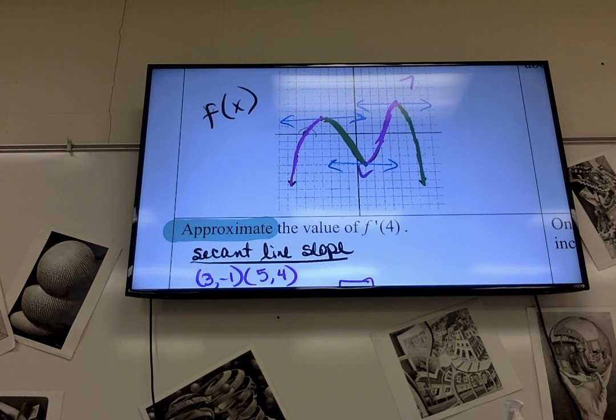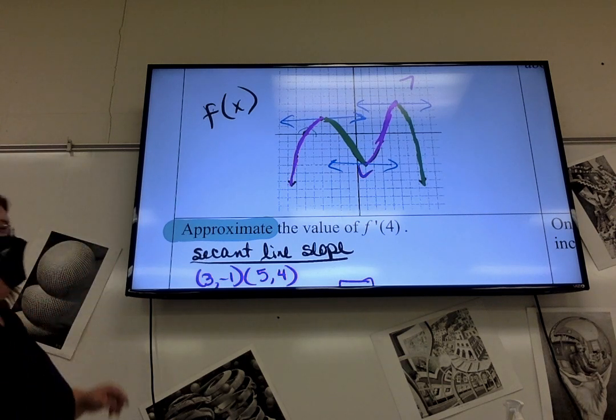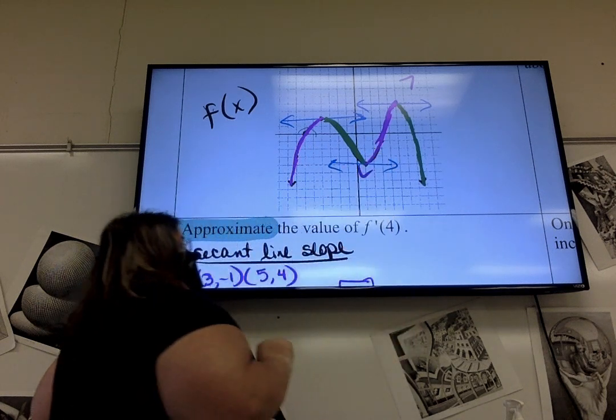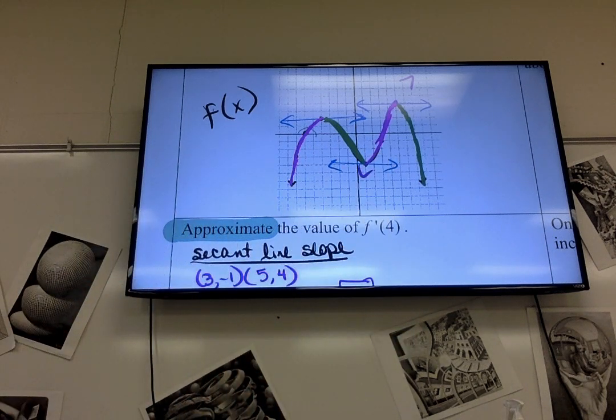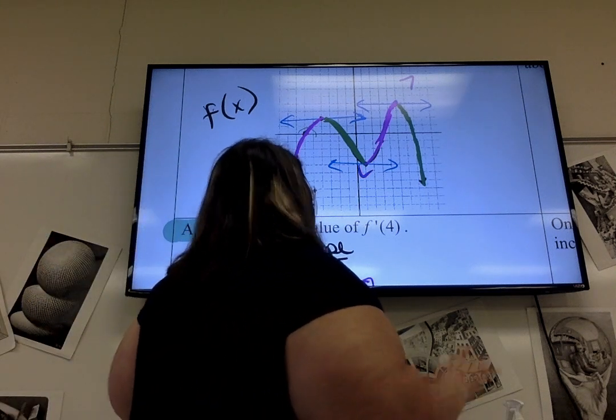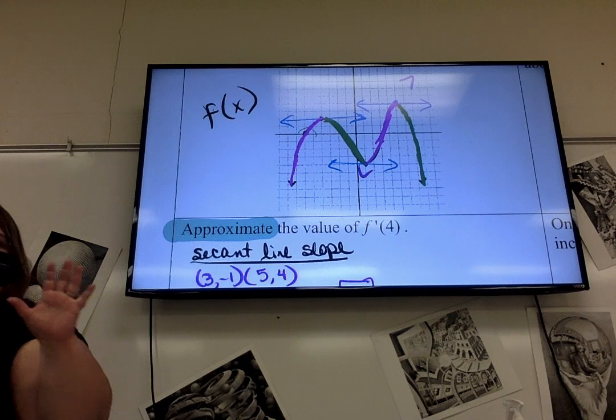Where is it going from decreasing to increasing? At positive 1. So it's going from the green to the pink. At 1 and at 5? Wait, going from negative 4 increasing to 1 decreasing, never mind. So just at 1, right?